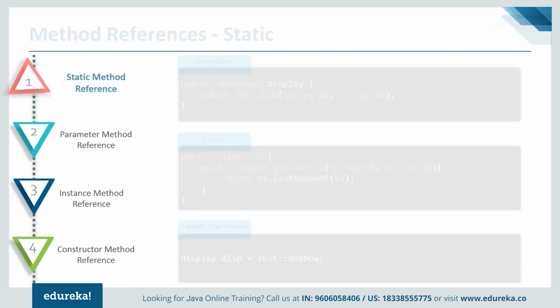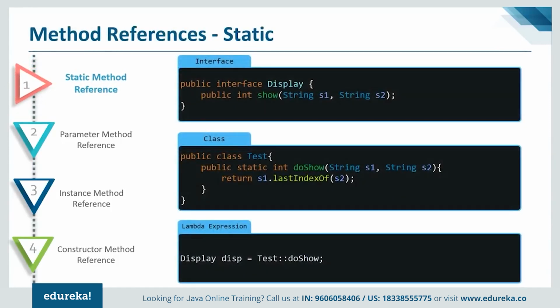So guys, when we are talking about a static method reference, we have an interface, to be precise, a functional interface. We write down a class and we define a method. Let it be, for instance, a static method: public static int doShow. Now you see the inputs to the doShow method exactly match the signature of your show method.